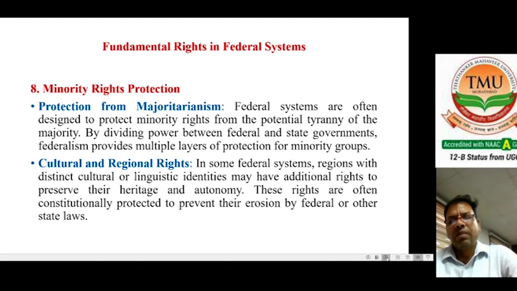In some federal systems, regions with distinct cultural and linguistic identity may have additional rights to preserve their heritage and autonomy. These rights are often constitutionally protected to prevent their erosion by federal or other state-level action. This is also a very important part of minority rights.